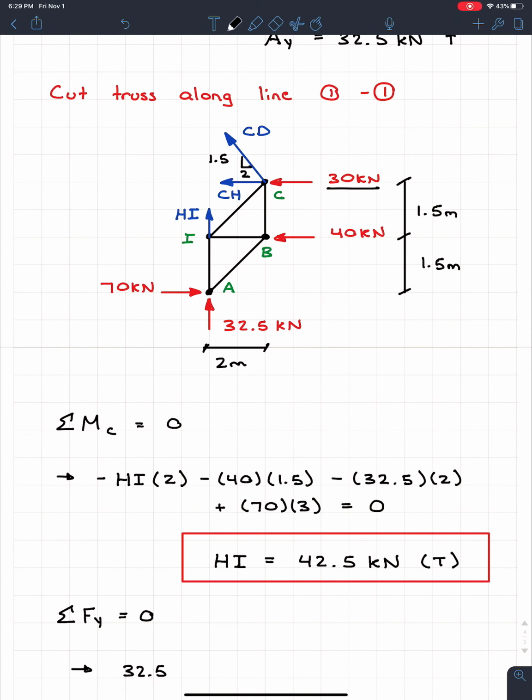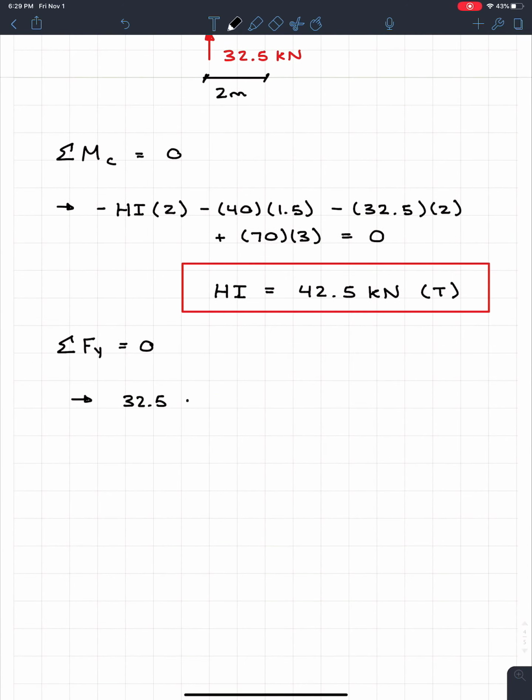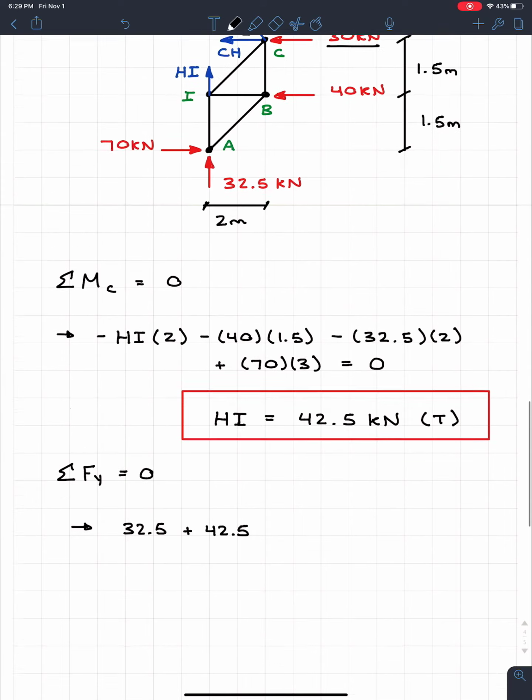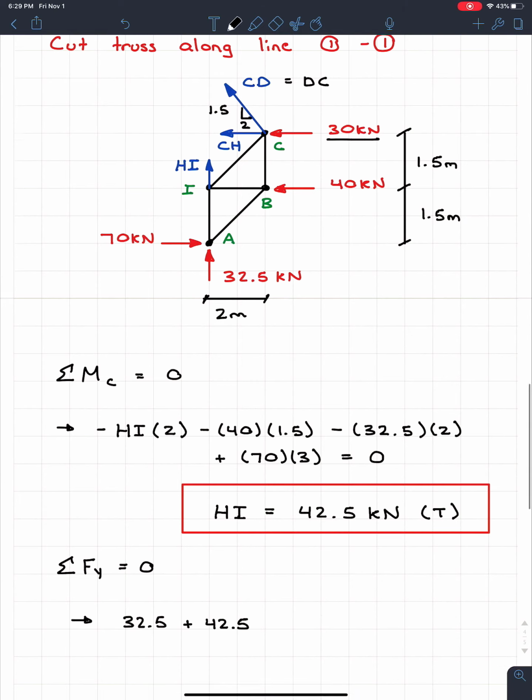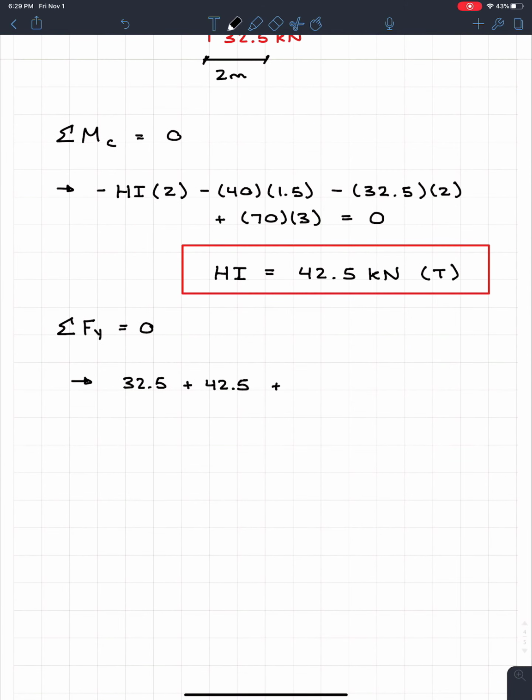I got HI going upwards, so I go plus HI, and we already know that HI is 42.5, so plus 42.5. We also have CD, or actually I'm going to put this as DC, because I think that's how they put it in the question. Usually I put the first letter first, but again, they're the same thing. It doesn't matter. So we're going to have plus DC because it's going upwards.